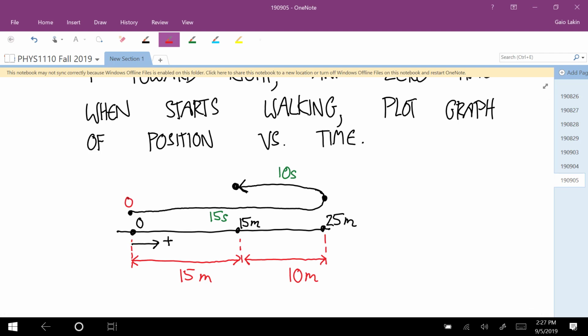And then the next thing we know is when the person gets all the way to the car. That's at 15 seconds. Because if you start at 0 time and then 15 seconds go by, your stopwatch says 15 seconds. And then another 10 seconds later, you're at 25 seconds.